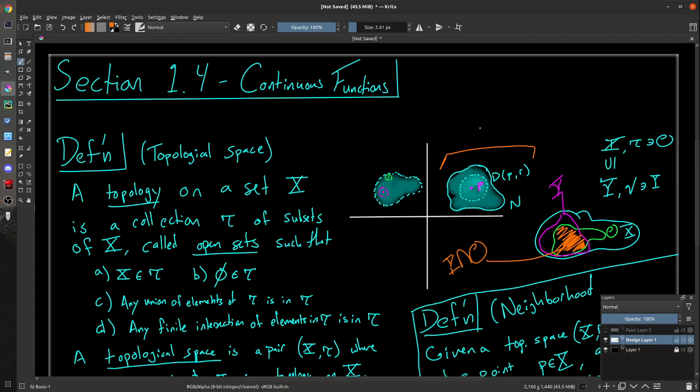It is exactly what it sounds like. The disk is everything including that point in the middle, and the punctured neighborhood is everything but that point in the middle.